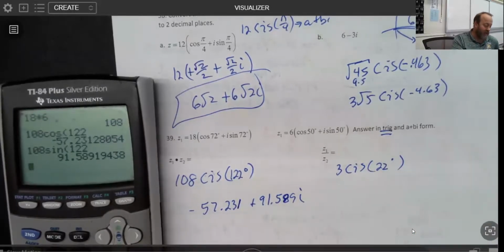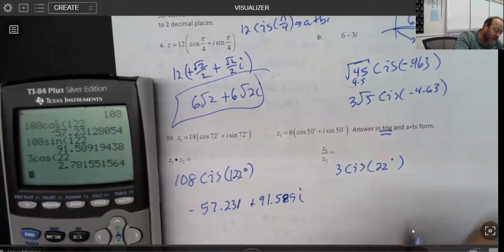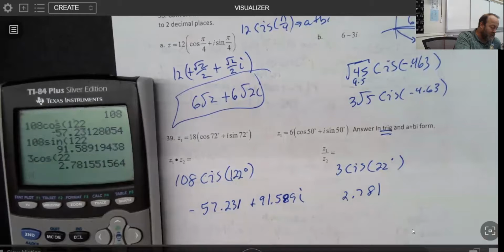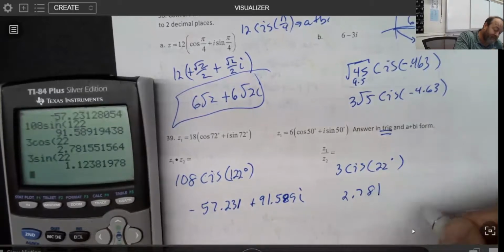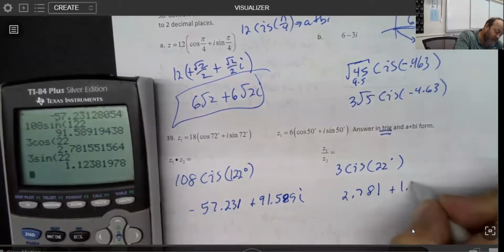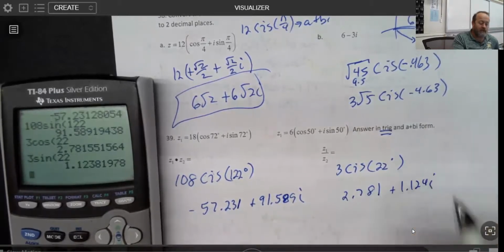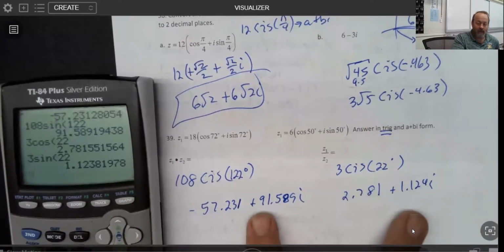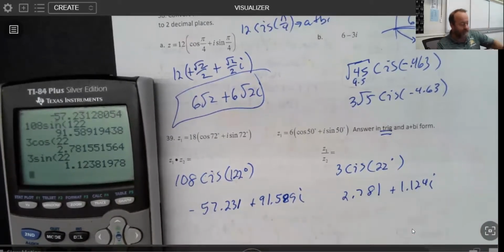And similarly over here, 3 cosine of 22 is looking at 2.781. And if I did 3 sine of 22, I would be looking at 1.124, plus 1.124i. So this is in the trig form that it asked for, and this is the a plus bi form that it asked for, and I'm actually done.